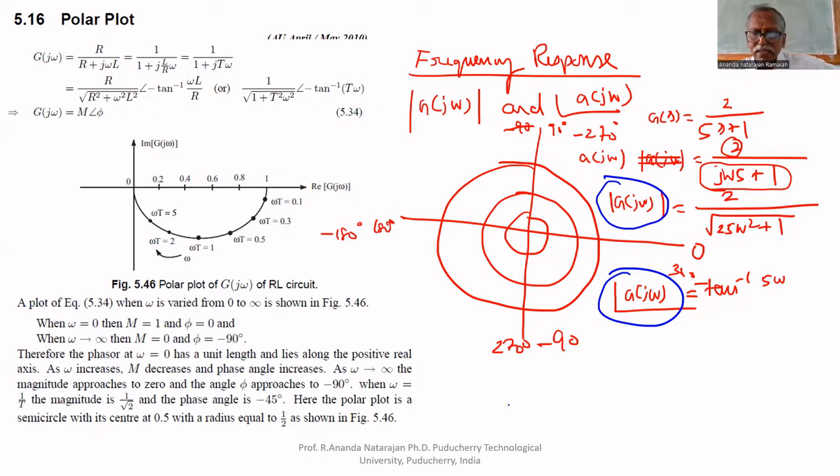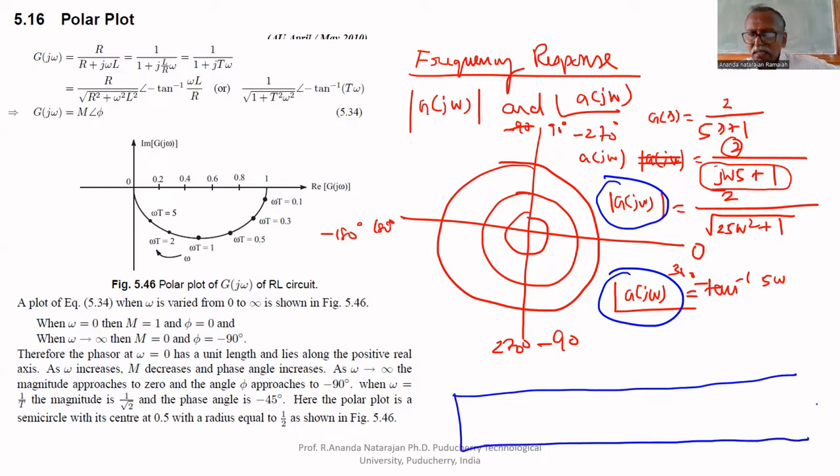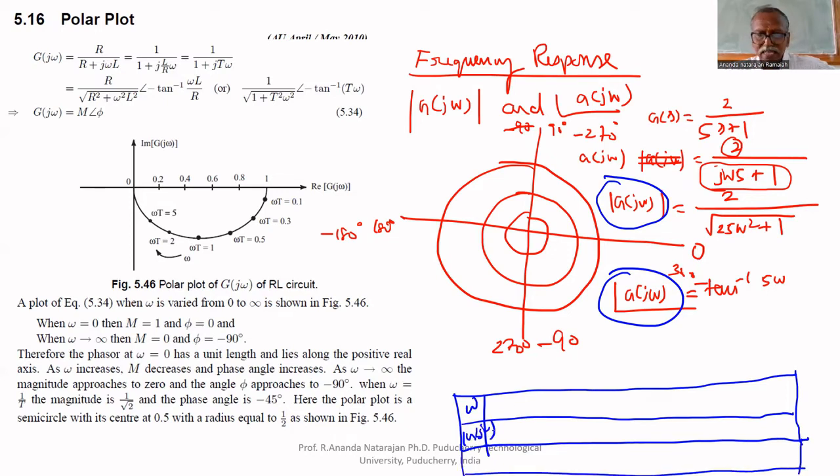Now let us find the various coordinates for this given transfer function. You have to find both magnitude as well as angle of G of j omega. First we have to find for omega equal to 0, and finally omega equal to infinity.